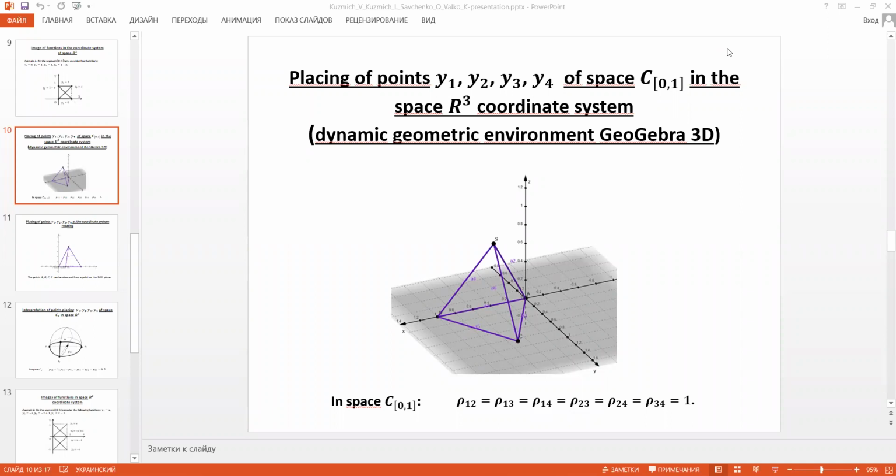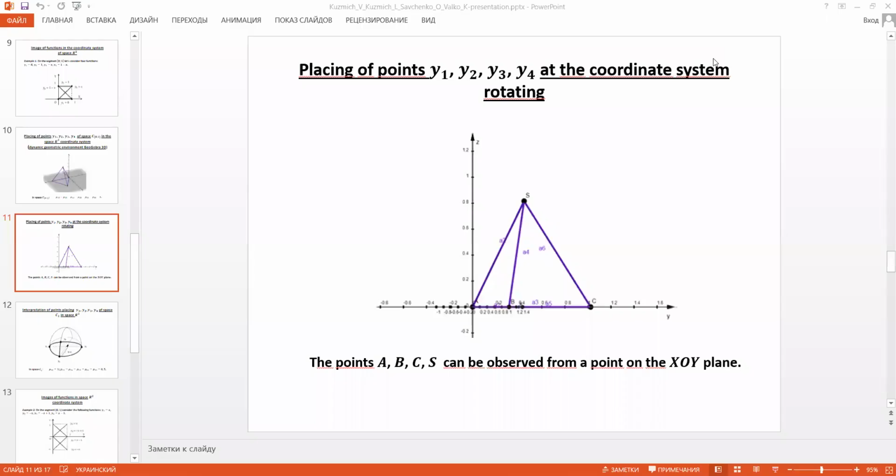In space R3, these points will form a regular tetrahedron. In GeoGebra 3D, the corresponding tetrahedron is shown in this slide. This image can be rotated so that the point of view lies in the plane of the X or Y axis, in this slide.